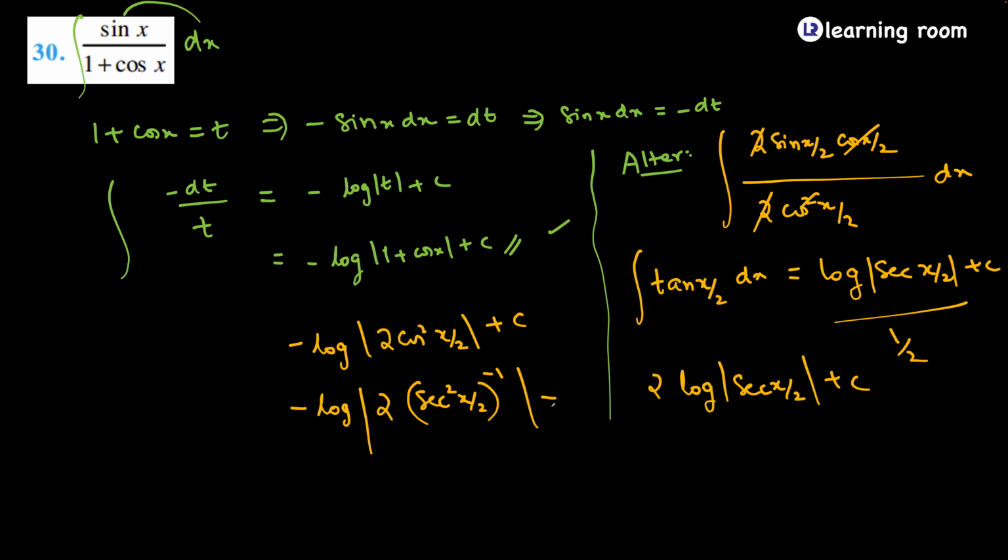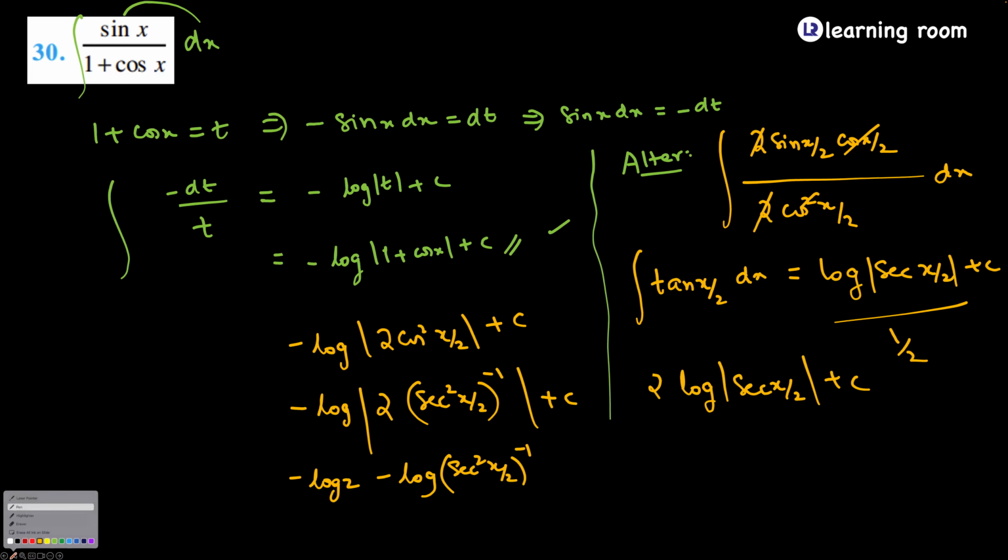Now, plus c. Listen. What is log of AB? So minus log 2 minus log of secant square x by 2 to the power of minus 1. Or I can actually write it as secant x by 2 to the power of minus 2 itself. Both are accepted. Minus 2 plus c.